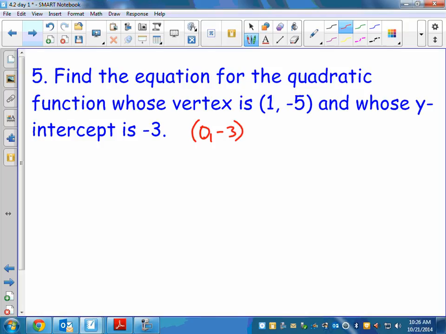If I went over 1 and moved up 1 from -5, where would I be? -4. So it's definitely not a is 1. You see if you think about the transformations? How far did I move to get from -5 to -3? Which means what does a have to be? Oh! That doesn't always work. It just happens to be because it's right over there.